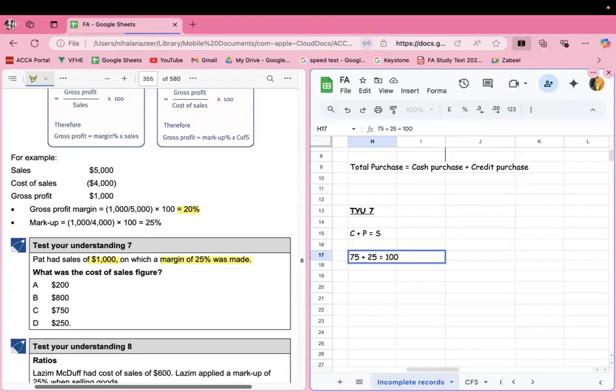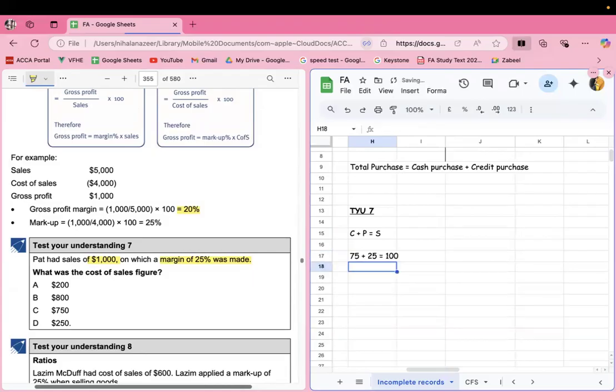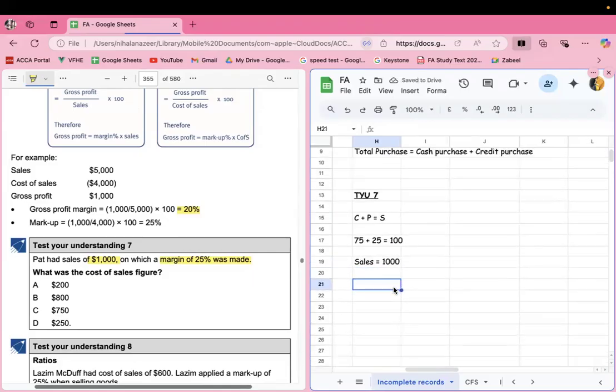We need to find the cost of sales. We need C. So amount given as the sales, sales is equal to how much have they given us? 1,000. The equation remains the same. You need to find the cost of sales, as in cost.